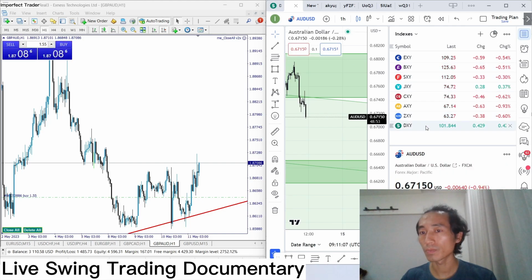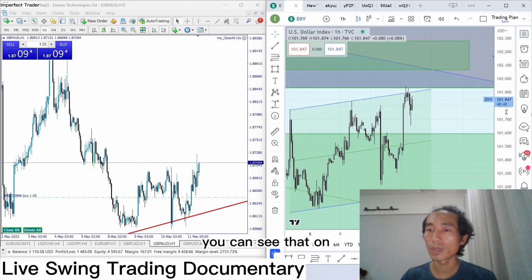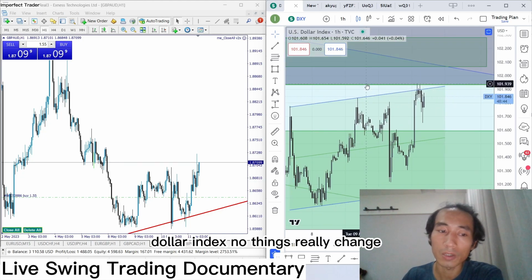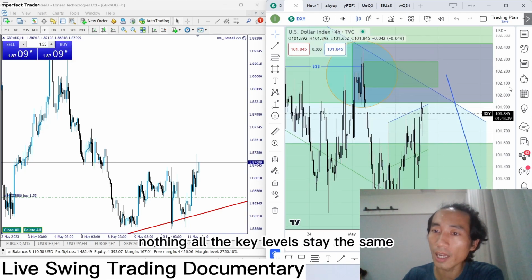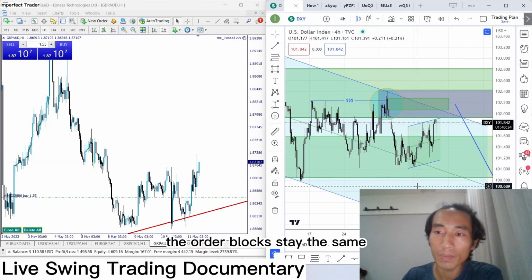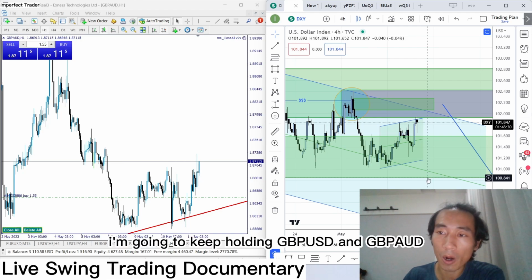So you can see that on dollar index, nothing's really changed. All the key levels stay the same. The other blocks stay the same. And for that reason, I'm going to keep holding GU and GBP AUD.